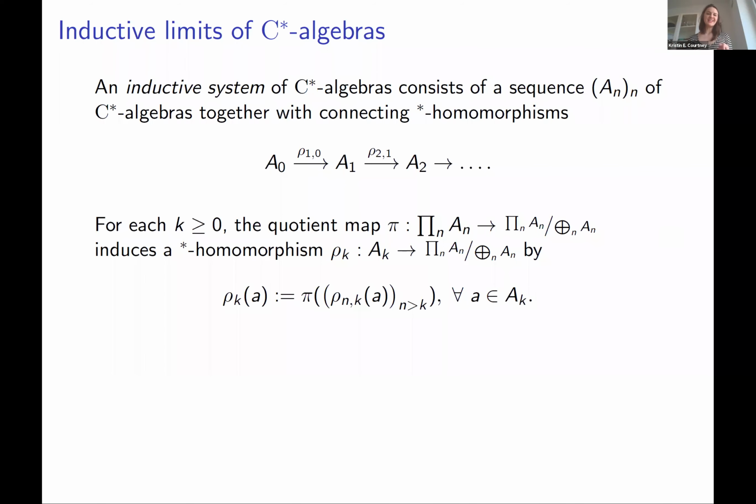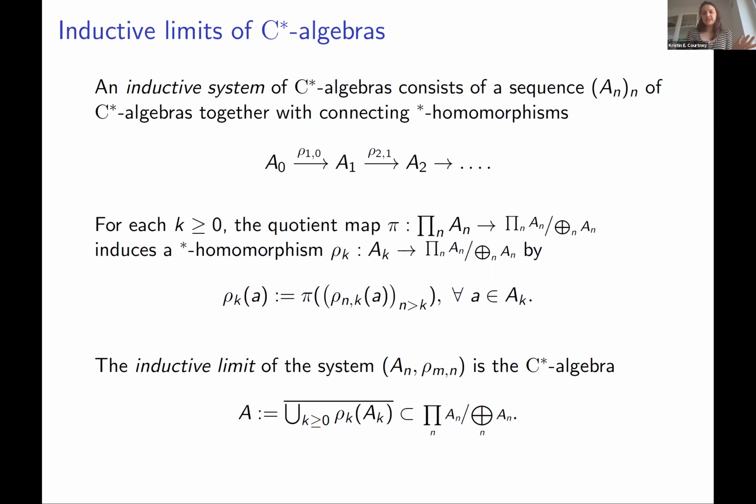For any C-star algebra A_k in the sequence and an element in A_k, you just look at the string of its images along the sequence. This will form a bounded sequence, and you look at the image of this in the quotient.